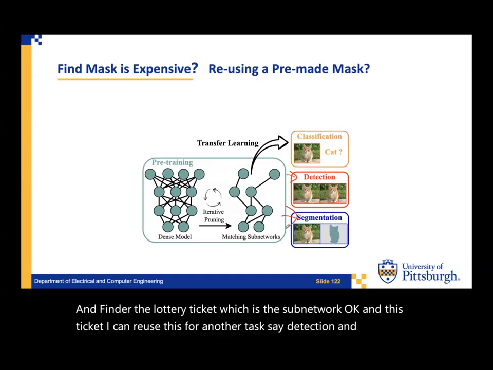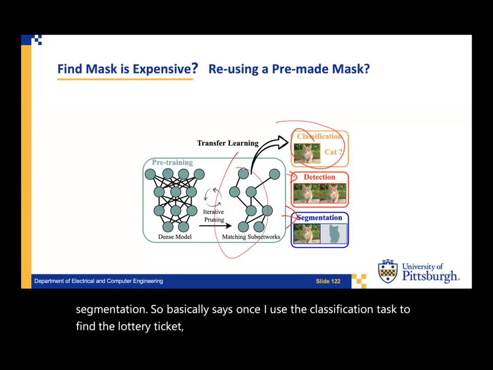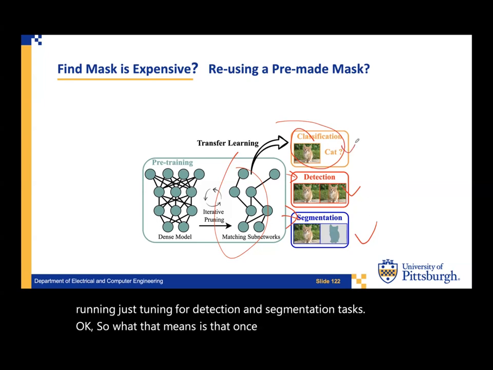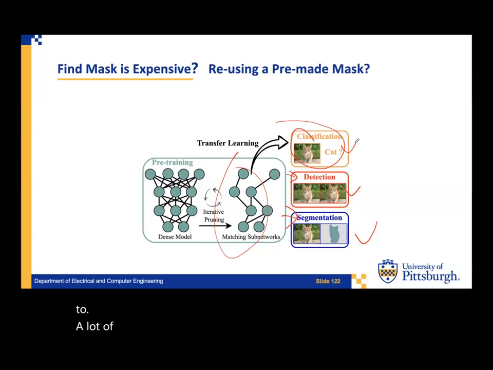So basically, once I use the classification task to find the lottery ticket, it can be easily transferred, just tuning for detection and segmentation tasks. So once I find one ticket, I can transfer this to a lot of other tasks, and that is the significance of this ticket.